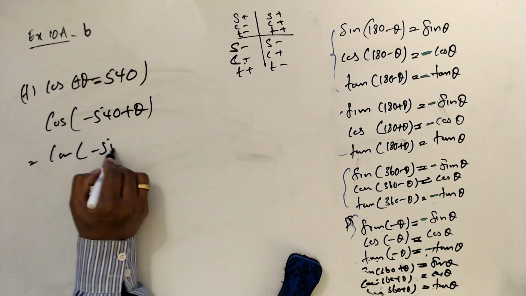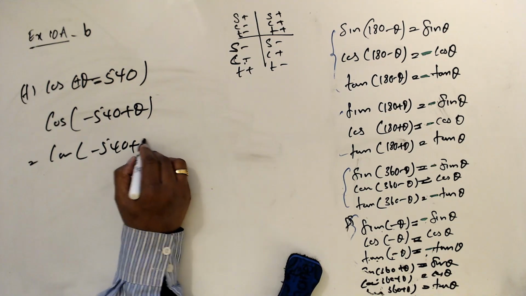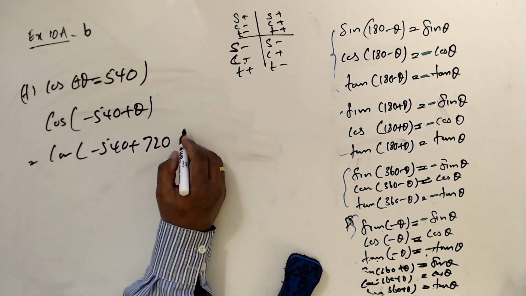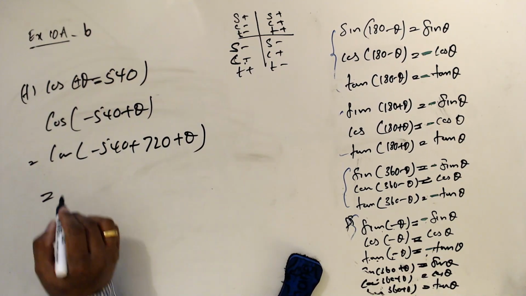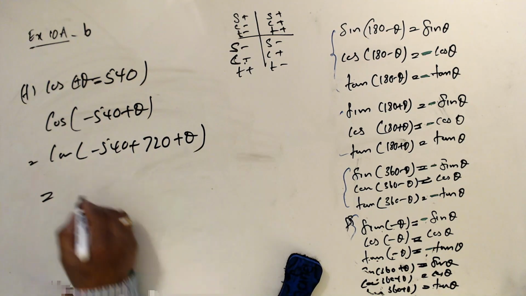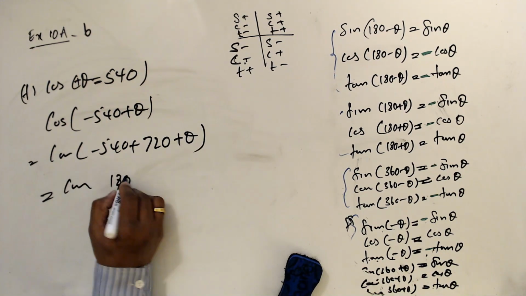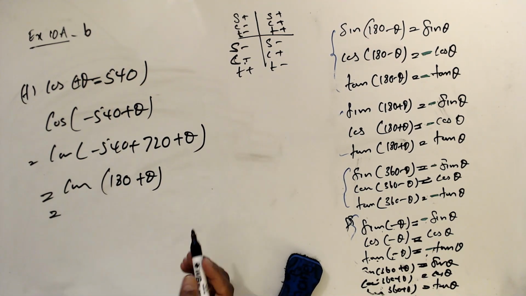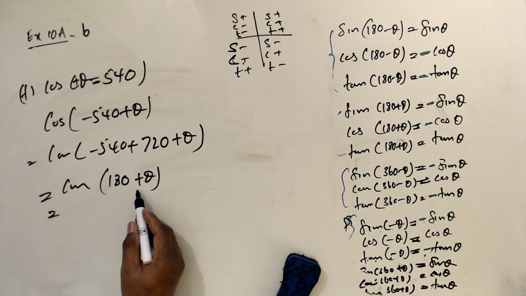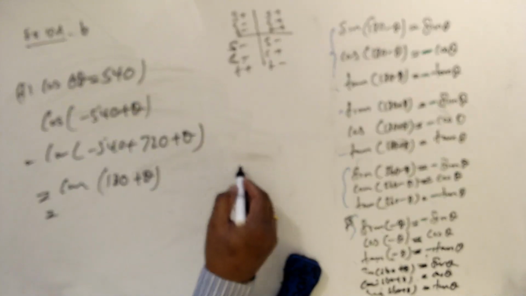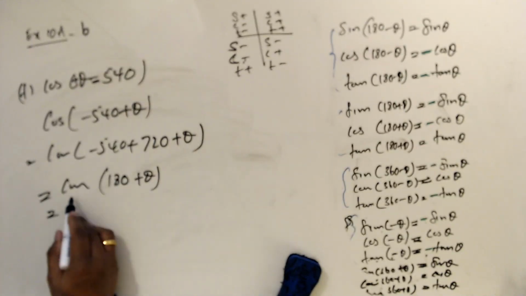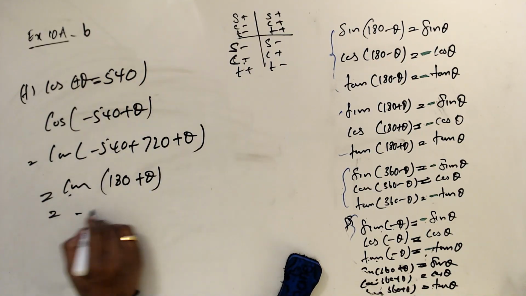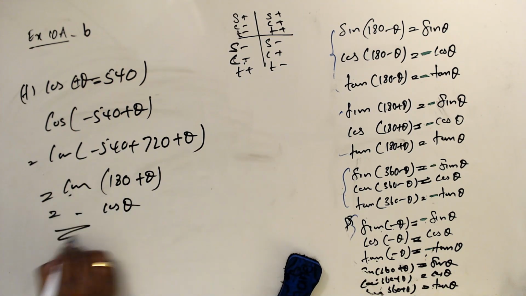So I'll find the first positive, plus 720. 2 times 360 I add to make it positive. So this is cos 180 plus theta. Cos 180 plus theta, in which quadrant? Come 180 and one more, third quadrant. Third quadrant cos is negative. Negative cos theta.